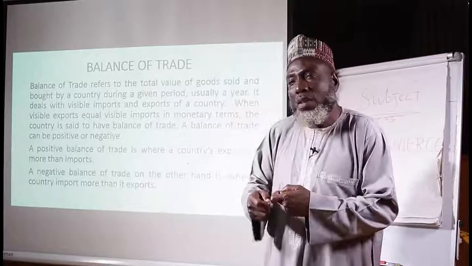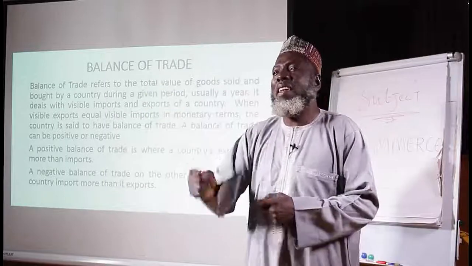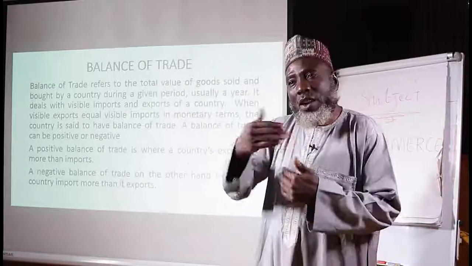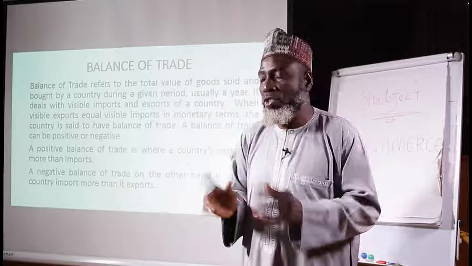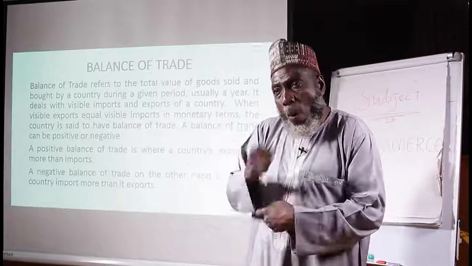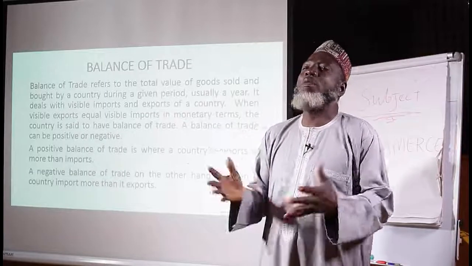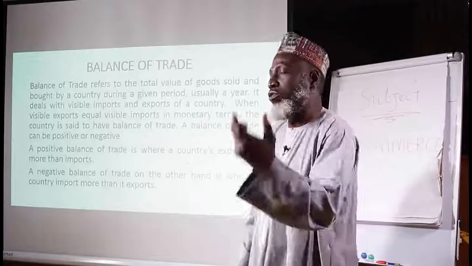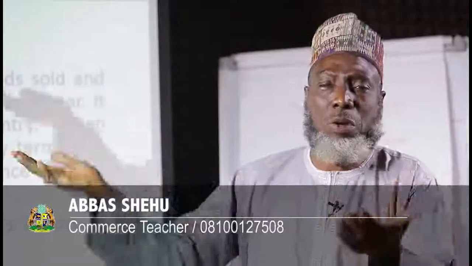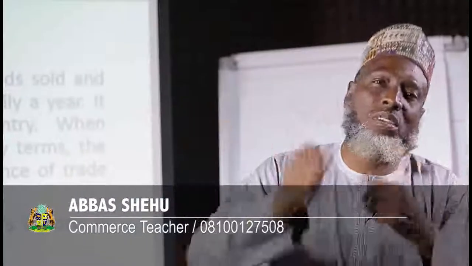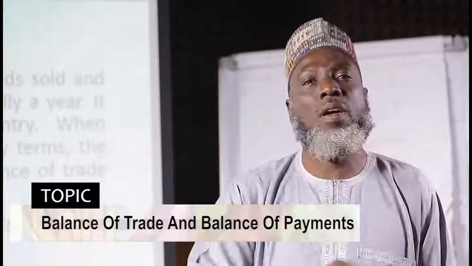When a country's export is higher than its import, then a country is said to be having what is known as positive balance of trade. But where the opposite is the case, then we have what is known as negative balance of trade. That is where a country imports more than what is exported. That is negative balance of trade, and that's not good for a country. It's not good for the economy of a country.